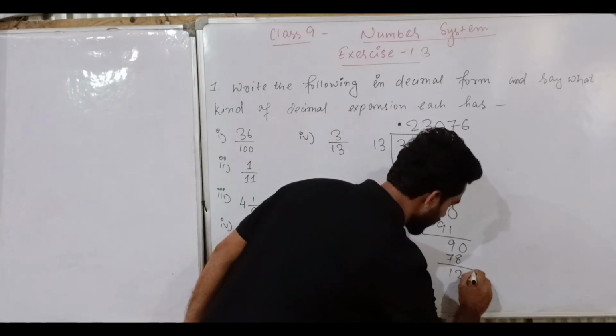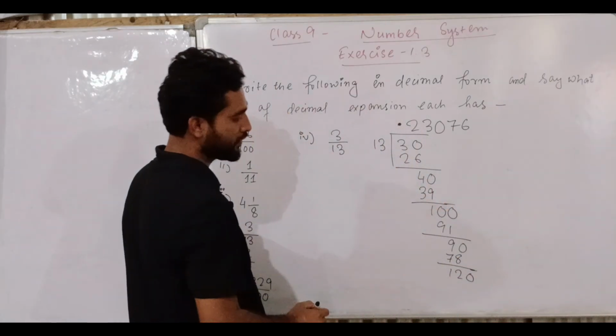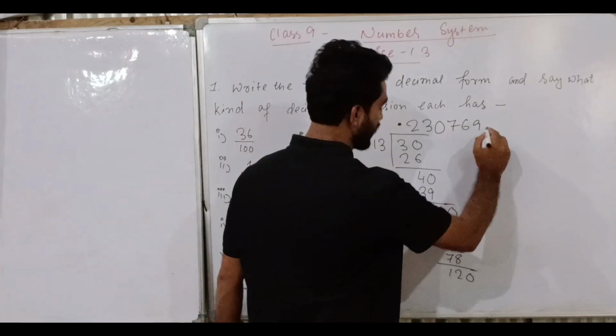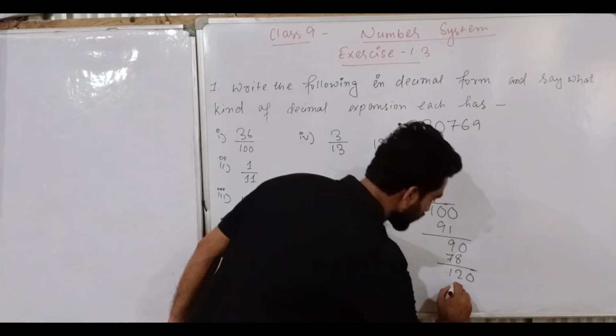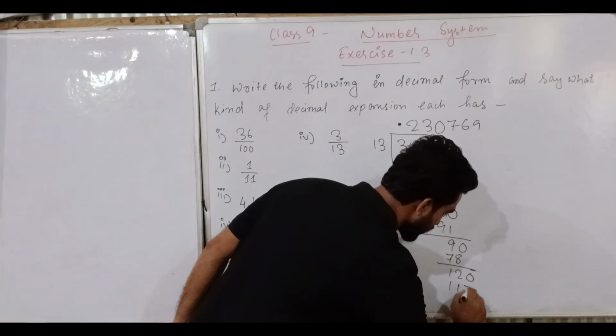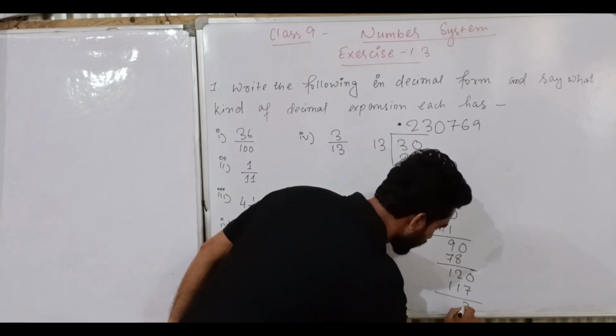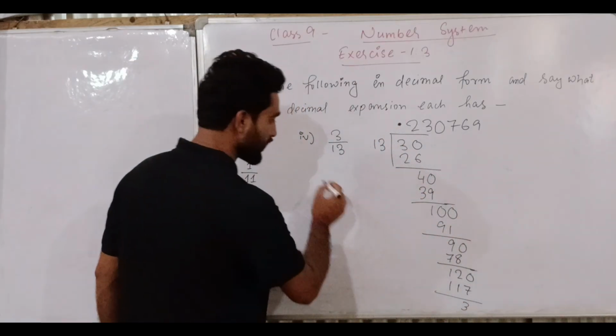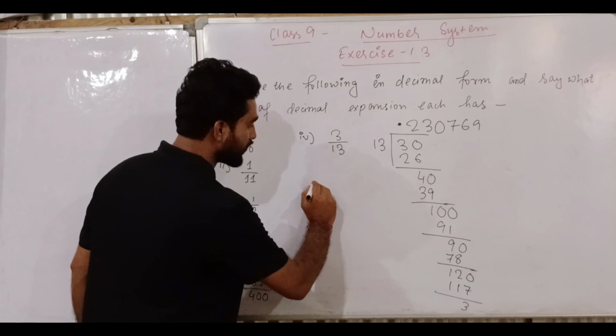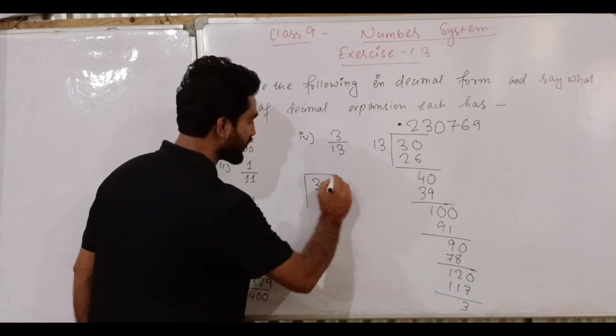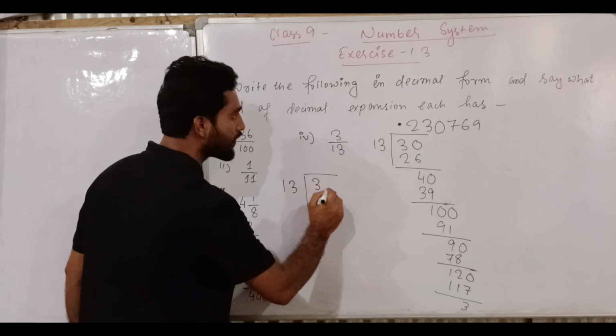So 12, 0, 13 9s are 117. Now what we got? 3. So see, remainder we got 3. So it is divided by 13.